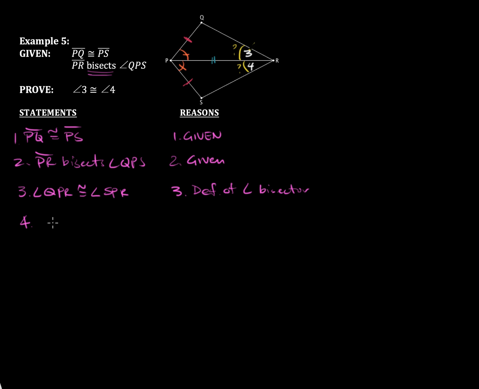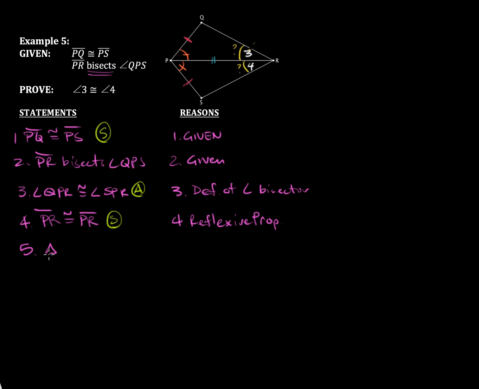Then we said that, oh, and also PR is congruent to itself by the reflexive property. And that was one pair of sides here. That was a pair of angles there, and a pair of sides there. So I can see that I have two pairs of sides and the included angle.